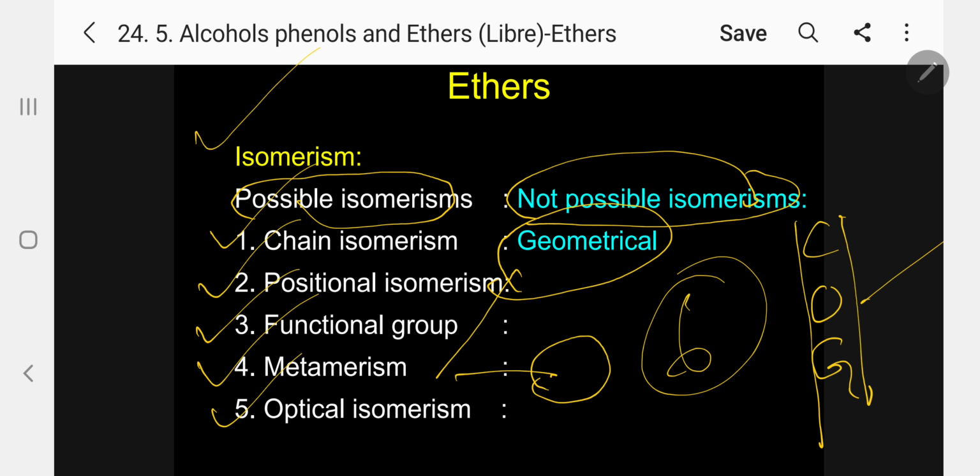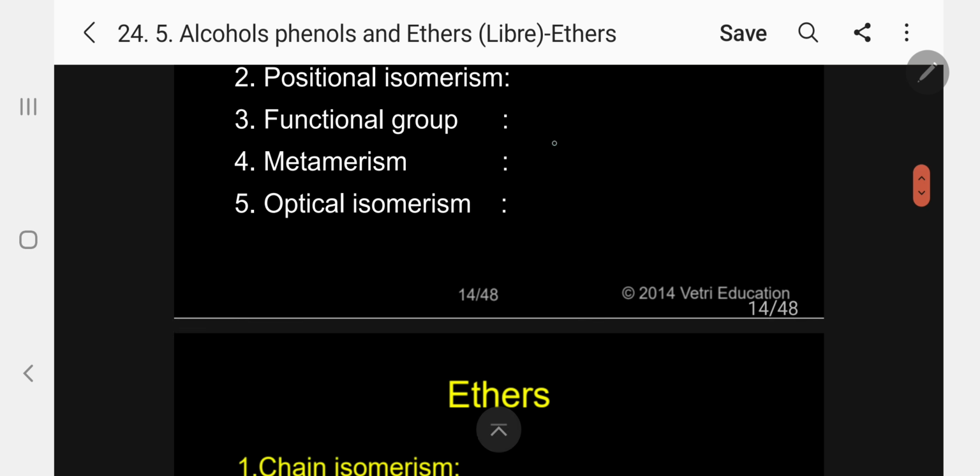So there are 5 compounds: ketone, ether, ester, anhydride, secondary amine. So 4 over. The remaining 3 are functional group, alcohol and ether, you know that, easy. And position: the position of the functional group changing, we call it positional isomerism. Very, very easily you can memorize.